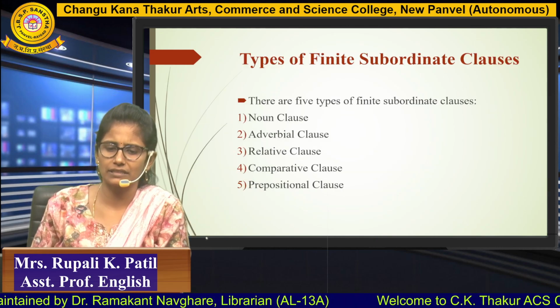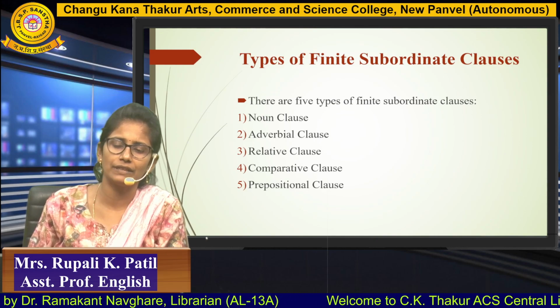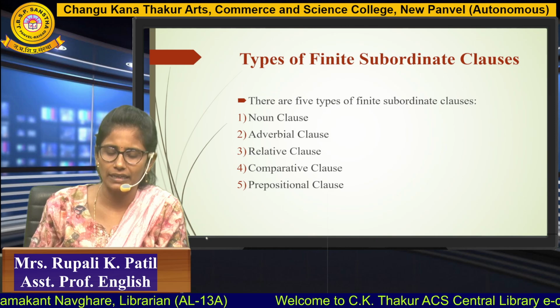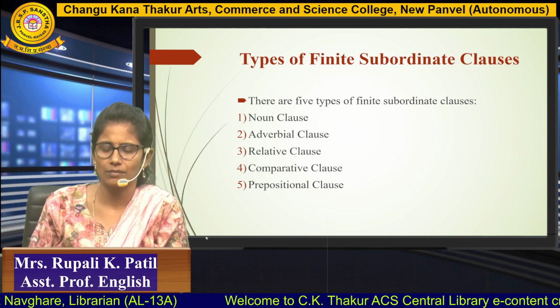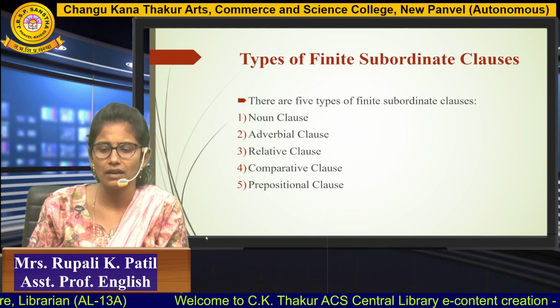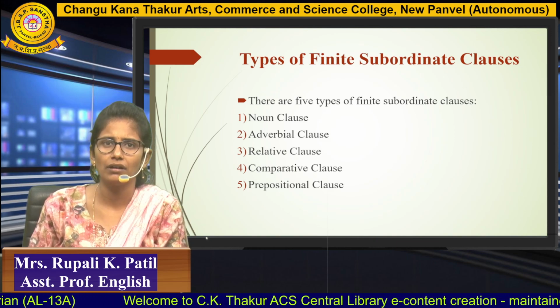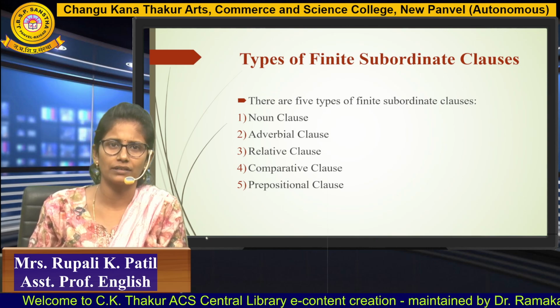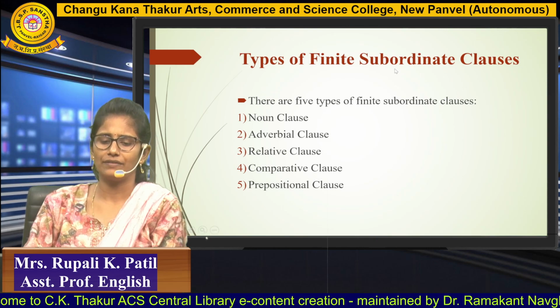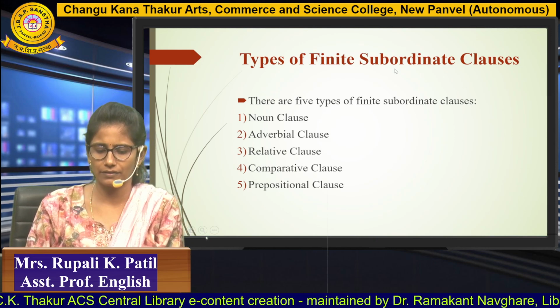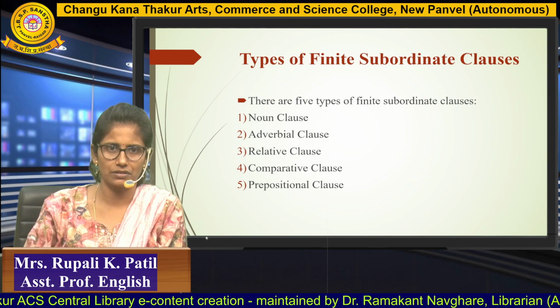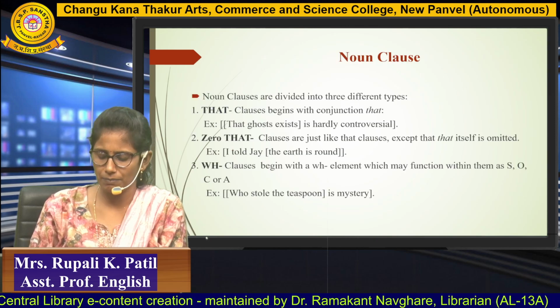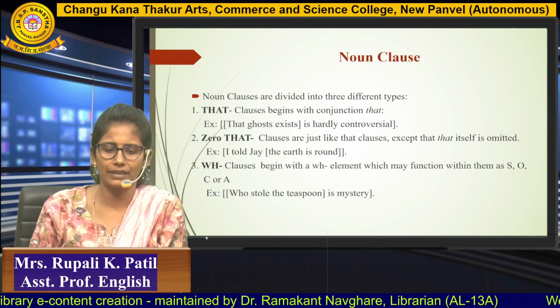As we discussed, there are subtypes of finite subordinate clauses. Finite means tensed subordinate clauses, the clause which conveys the tense, either past or present. There are five types of finite subordinate clauses: noun clause, adverbial clause, relative clause, comparative clause and prepositional clause, according to the function they perform in the main clause.